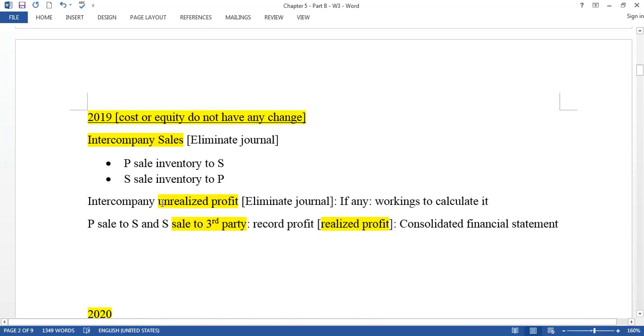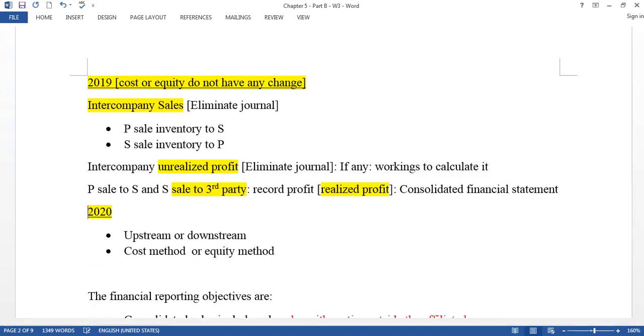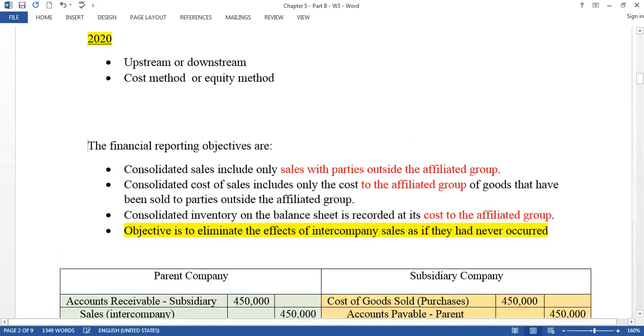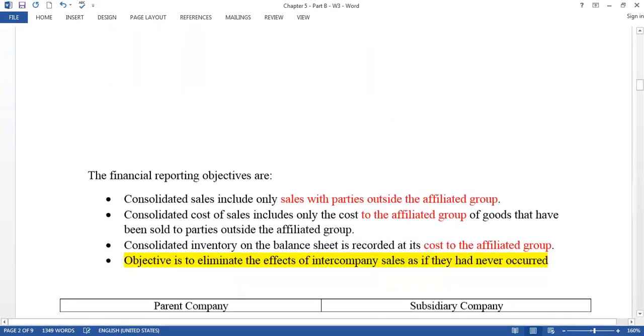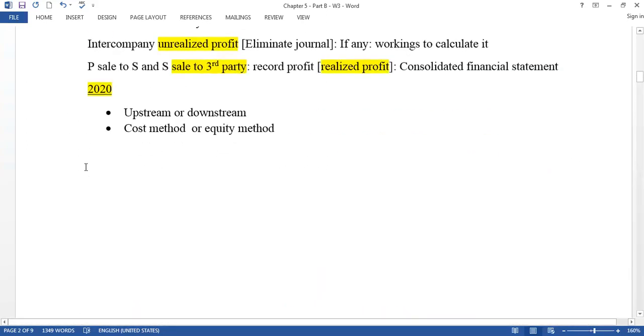But if we have any unrealized profit within intercompany, then we have to eliminate it. So whenever you read the question, we have to do some journal entries. This chapter is quite easy because you only need a little calculation and journal entry.